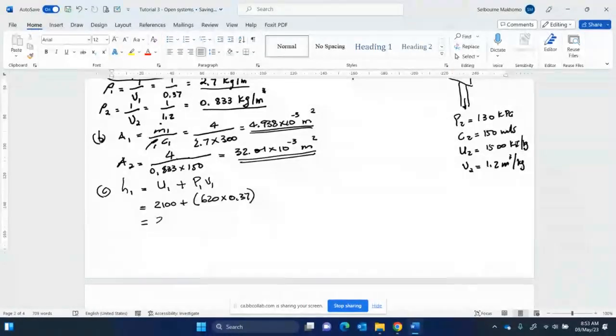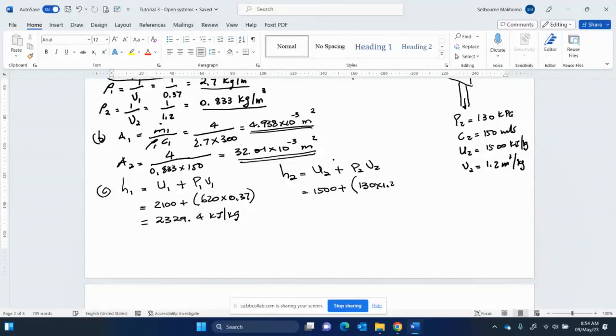And the answer is 2329.4 kilojoules per kilogram. That is H1. H2 similarly is U2 plus P2 V2, which is 1500 plus 130 by 1.2, equal to 1656 kilojoules per kilogram.